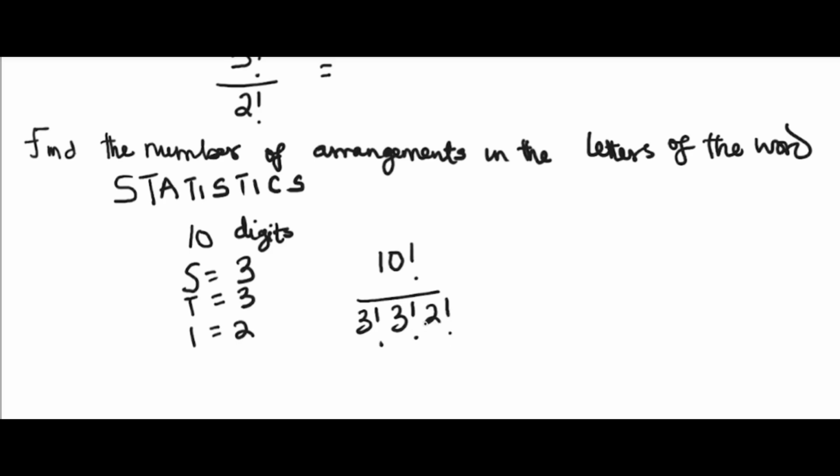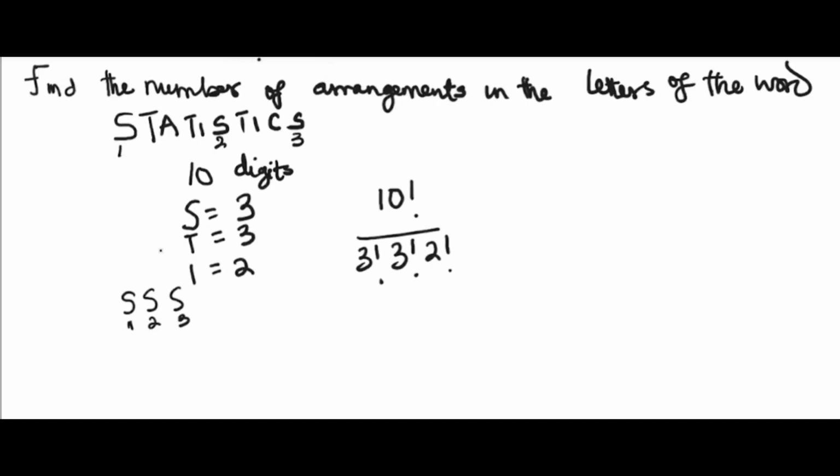And I think I've told you why, right? So this S can be arranged in 3 factorial ways. You don't just call it 3. It's 3 factorial ways. Because if this is S1, S2, S3, that means we have S1. Let me use S as an example for further explanation purposes.